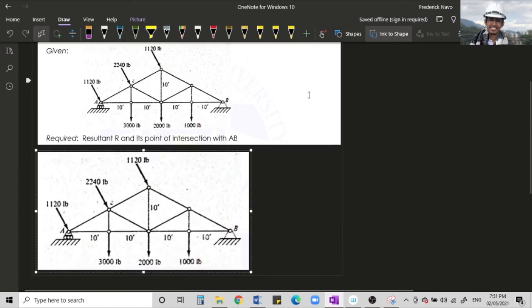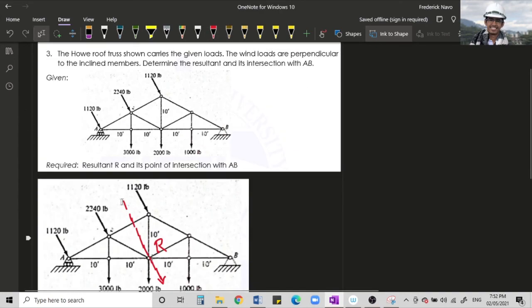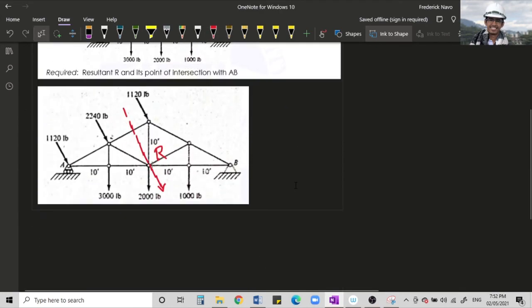Okay? So, yung magiging resultant ng ating forces will be dito, no? Nandito siya banda. So, naka-incline siya. Pa ganyan, no? So, nandyan banda yung kanyang resultant. Okay? So, sabi niya doon, determine R and its point of intersection with AB.